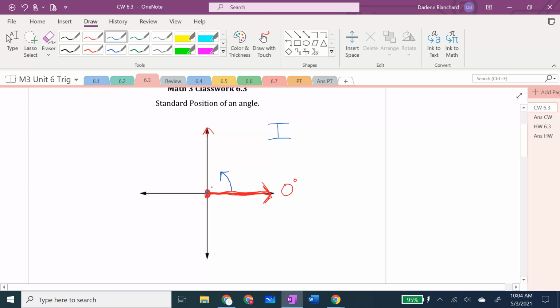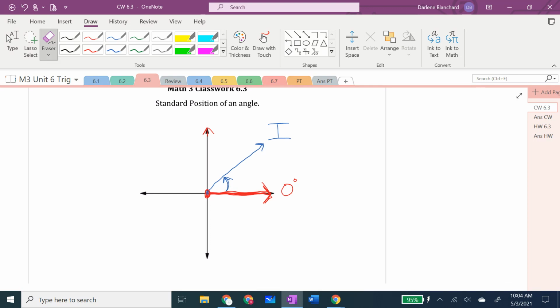And I'm going to point out that if you go halfway into quadrant 1, then what we're looking at is how much of a rotation did that take? Does anyone think they already know? How much degree measure do I have to sweep through to go halfway into quadrant 1? 45 degrees. Bingo.